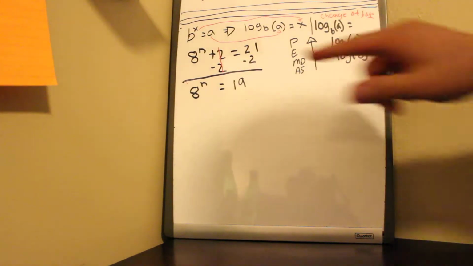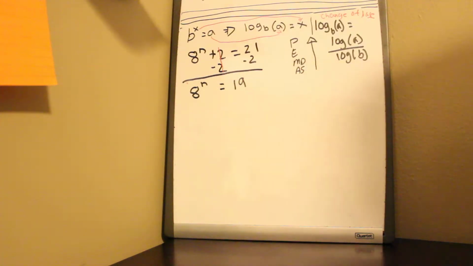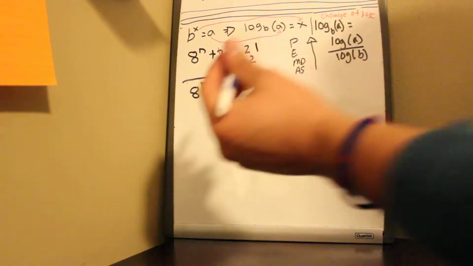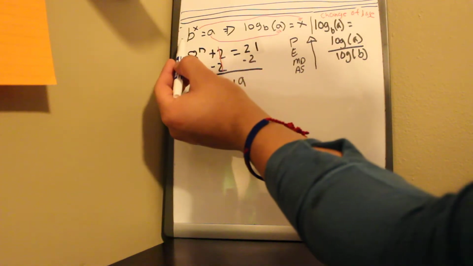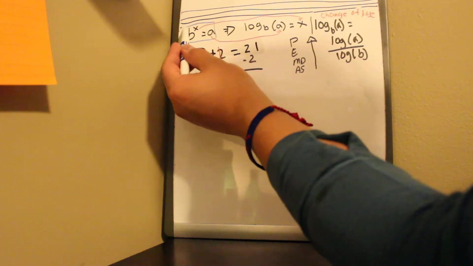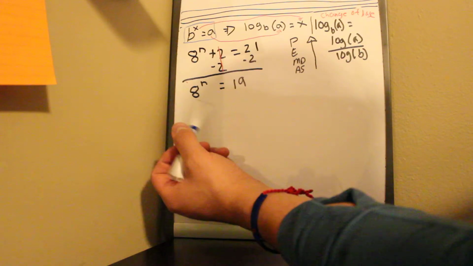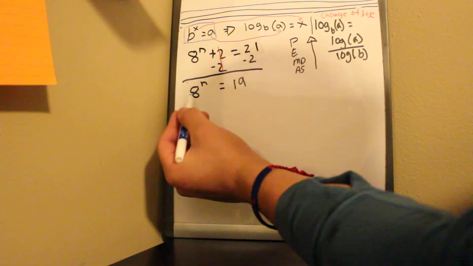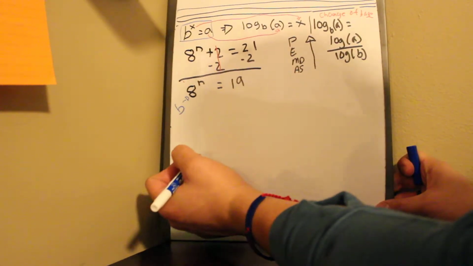Another reason why I subtracted 2 from both sides first is that I want the formula I have written down to look almost identical to this up here. When I subtract 2 from both sides, I get that. Our base b in this case is 8, so I'll label that b.